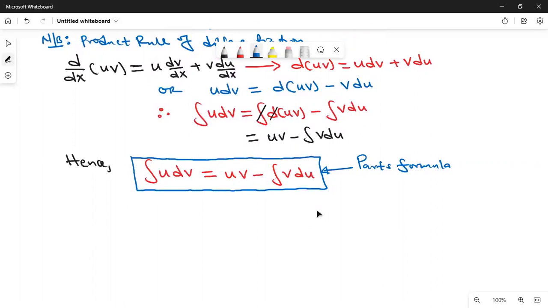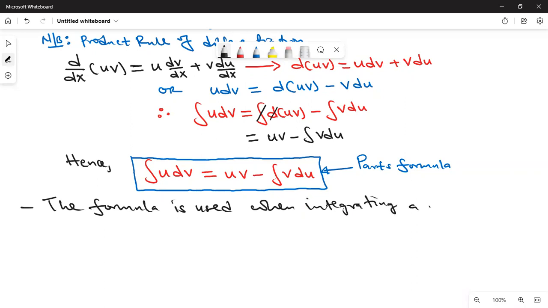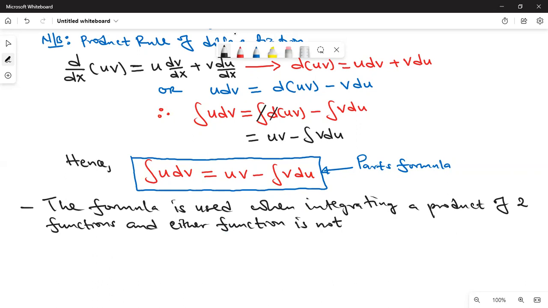So this parts formula is usually used when we are integrating a product of two functions, and neither function is the derivative of the other function.